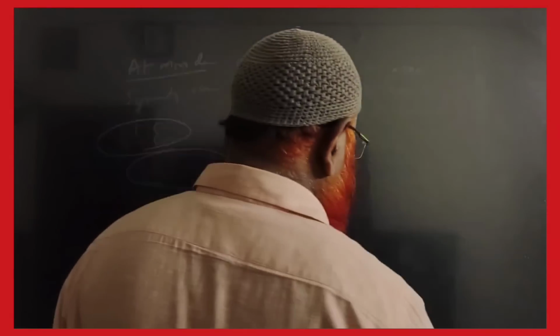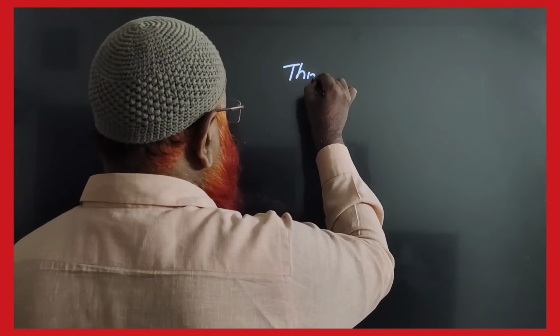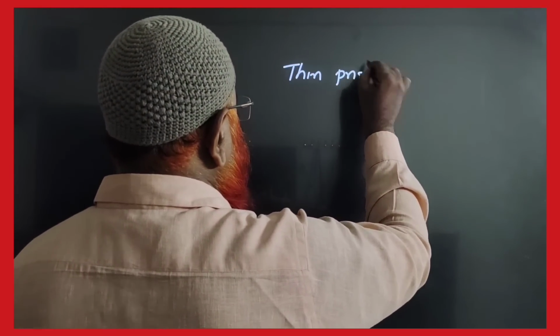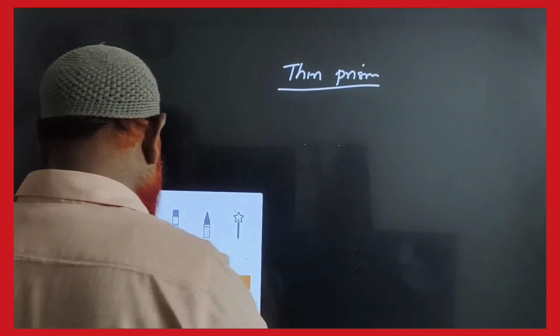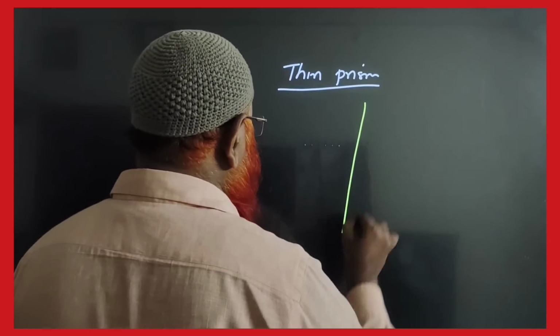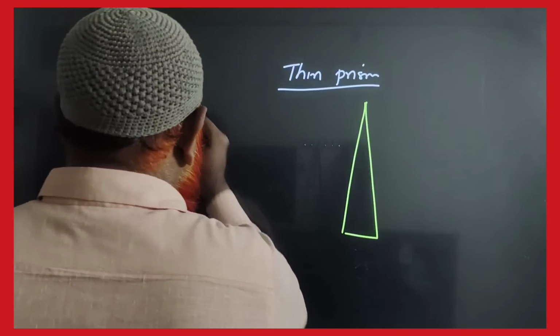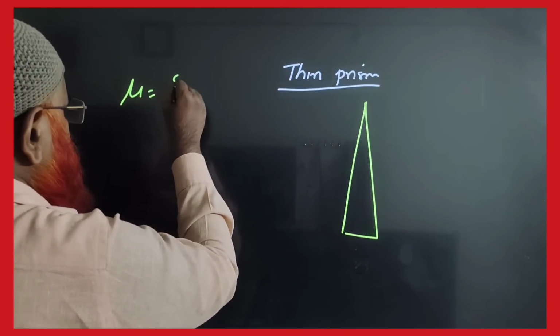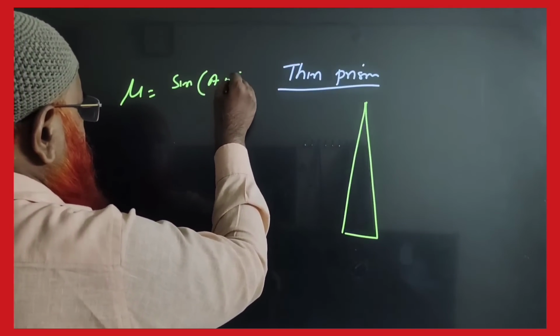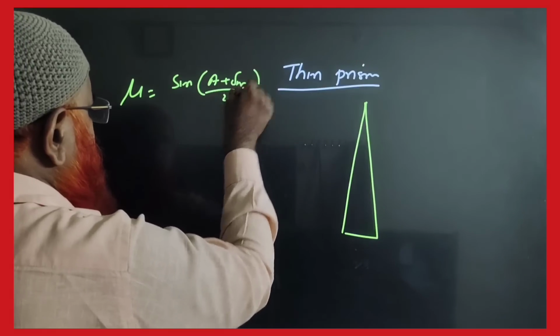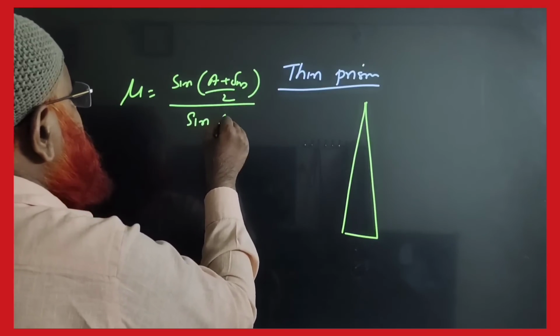Now we shall discuss what is the meaning of thin prisms. I am considering a very thin prism like this, very sharp. And what is the refractive index formula? Sin of A plus delta M by 2 by sin A by 2.